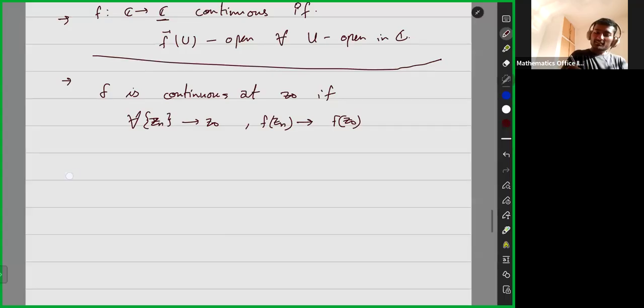So this is the sequential definition of continuity. And there is the epsilon-delta definition of continuity. Can we copy it?